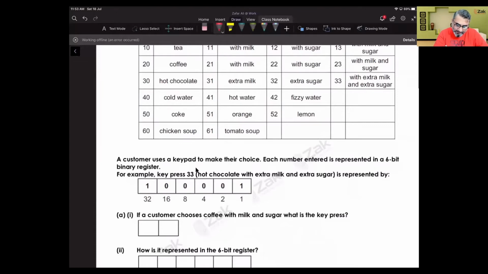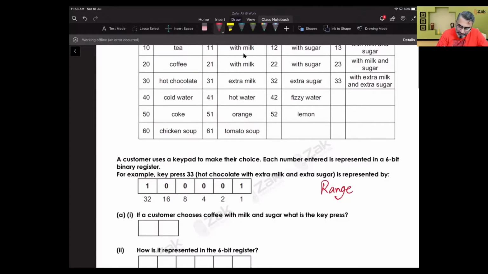Each number entered is represented in a 6-bit binary register. So 1, 2, 3, 4, 5, 6. This is a register which is taking an input. Now, before we go any further and start solving this question, I would like you to remember what range is. Range is the highest number that we can have in a given number of bits.